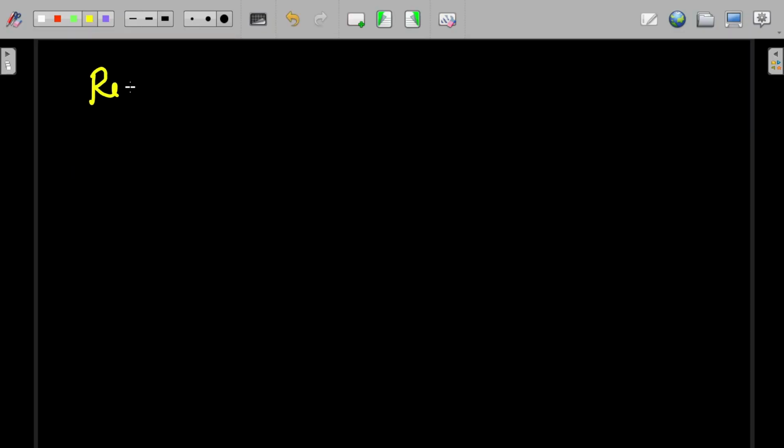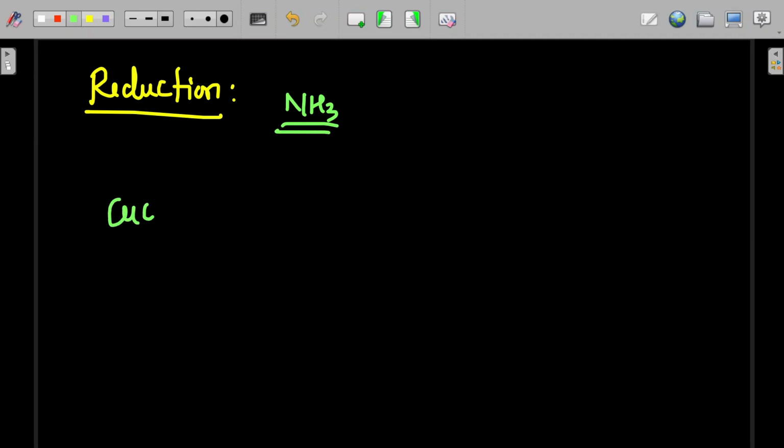Next kind of property of ammonia is it is a very good reducing agent. Ammonia has hydrogen in it, so it can donate the hydrogen to other substances and reduce them. Basically, metal oxides. Whatever you learnt yesterday in metallurgy, copper oxide, lead oxide, iron oxide.